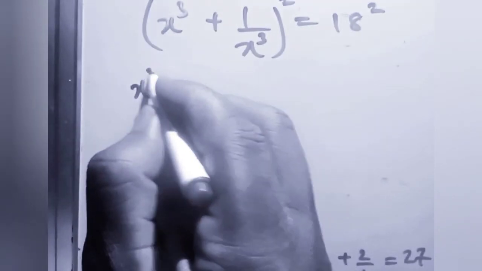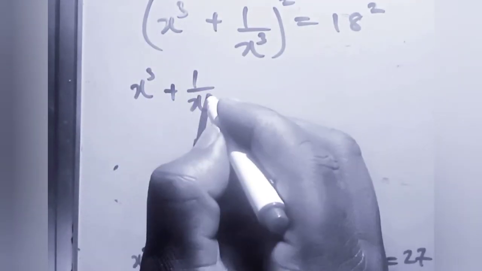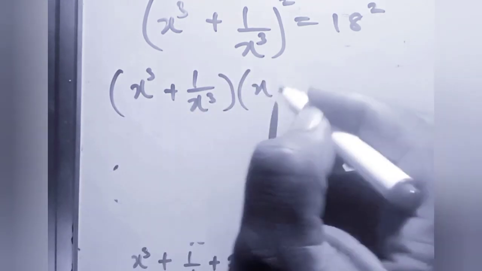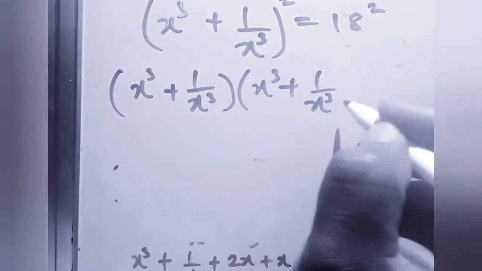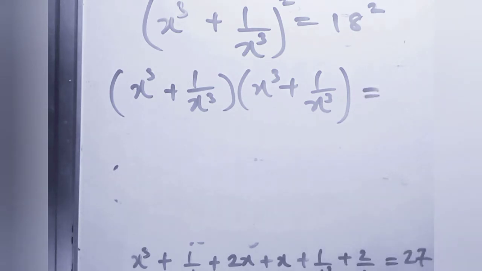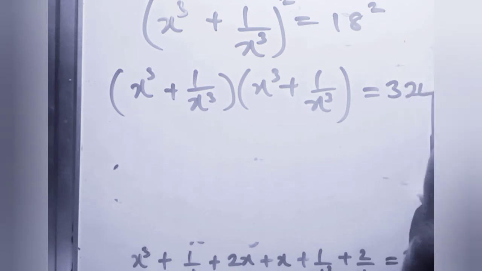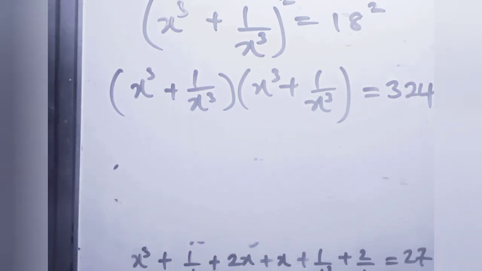If I square both sides here, I'm going to have x raised to power 3 plus 1 over x raised to power 3 into x raised to power 3 plus 1 over x raised to power 3, close the bracket, equals 18 squared. When you multiply 18 with 18, that will give us 324. Okay, 324 is our 18 squared.